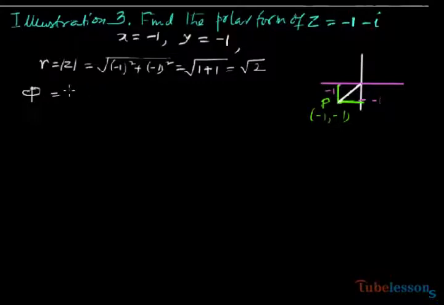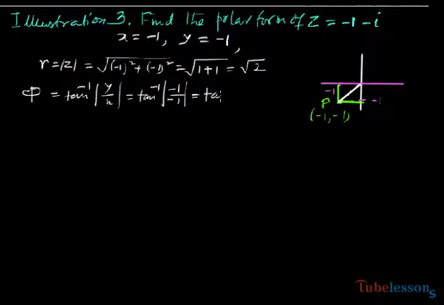The value of phi is tan inverse mod y by x, both are minus 1, so tan inverse 1, pi by 4.